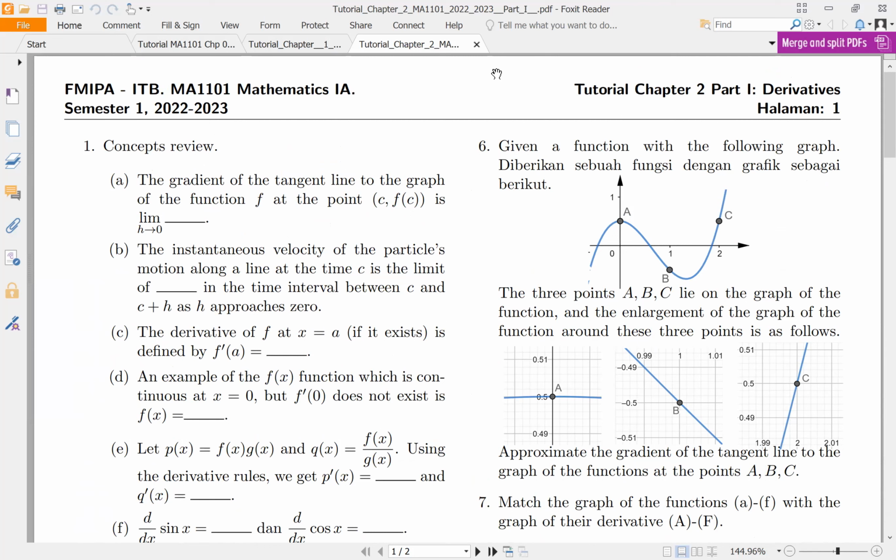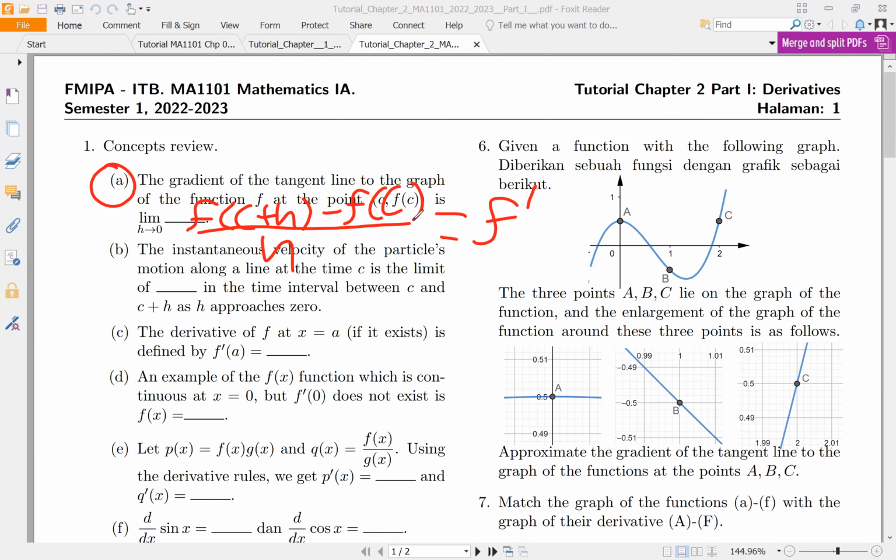Okay, so for example, you have to understand the concept of 1a here. You'll see that the gradient of the tangent line to the graph of the function f at the point (c, f(c)) is the limit as h tends to 0 of (f(c+h) minus f(c)) divided by h. And if the limit does exist, then this is the value of the derivative.